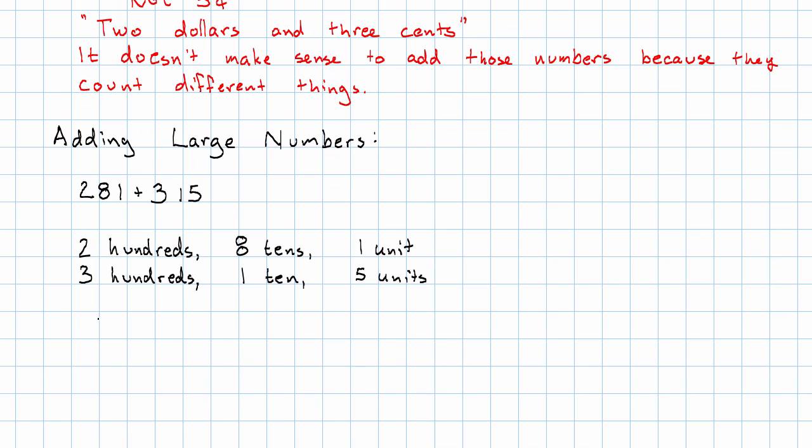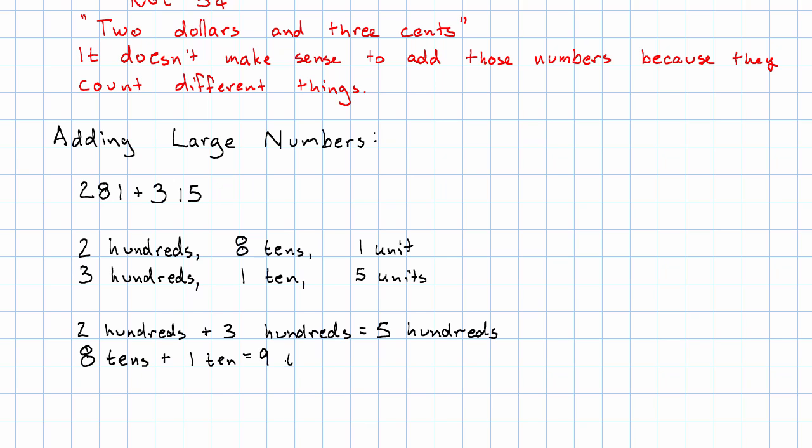I say 2 hundreds plus 3 hundreds is 5 hundreds. 8 tens plus 1 ten is 9 tens. And 1 unit plus 5 units is 6 units. So I end up with 5 hundreds, 9 tens, and 6 units.